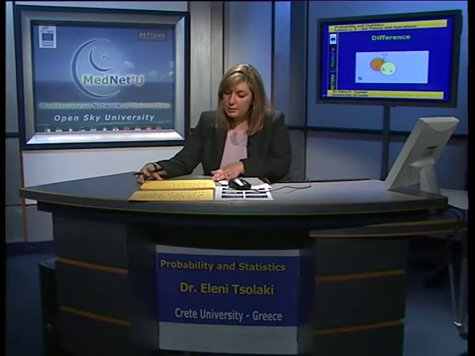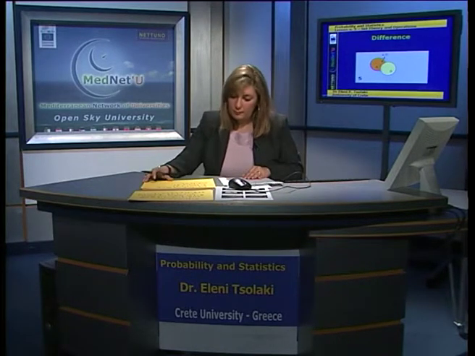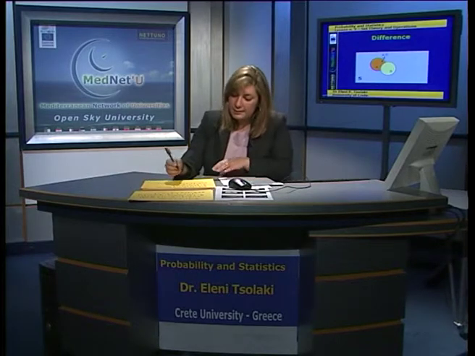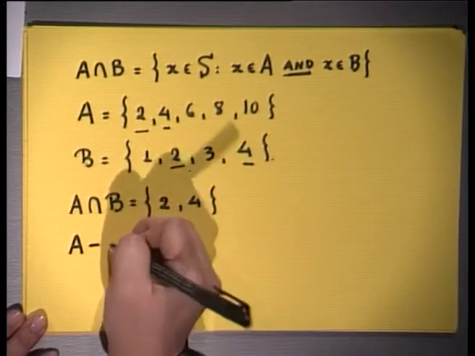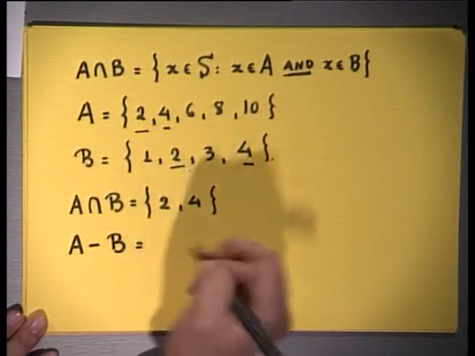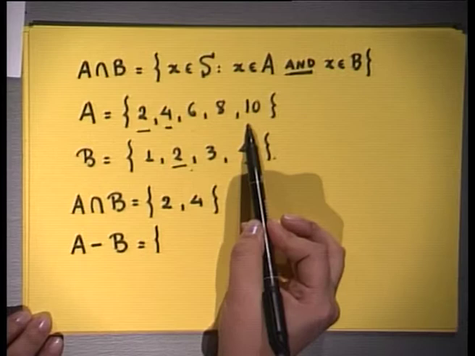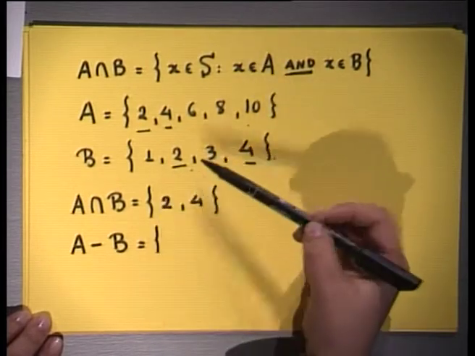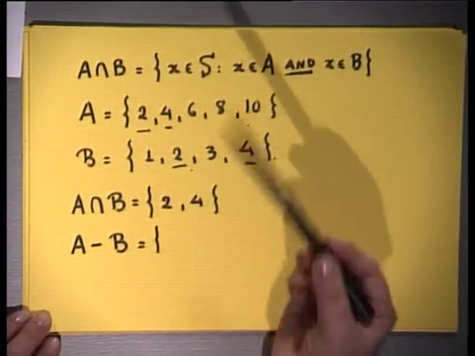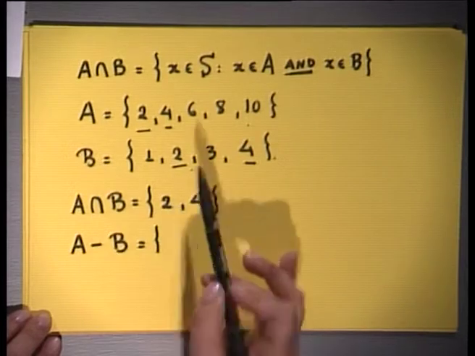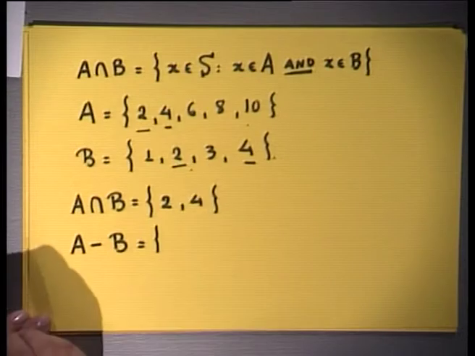Back to our examples. We have that A minus B will be, in this case, the set A if we take out the elements that belong in A and B. So in this case, we see that B has elements 2 and 4 that are in A as well.